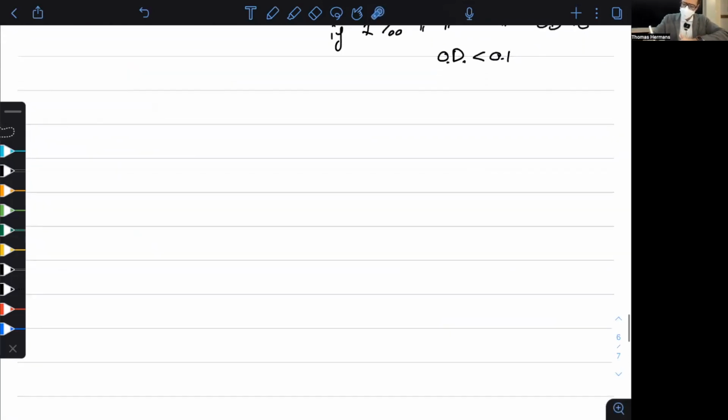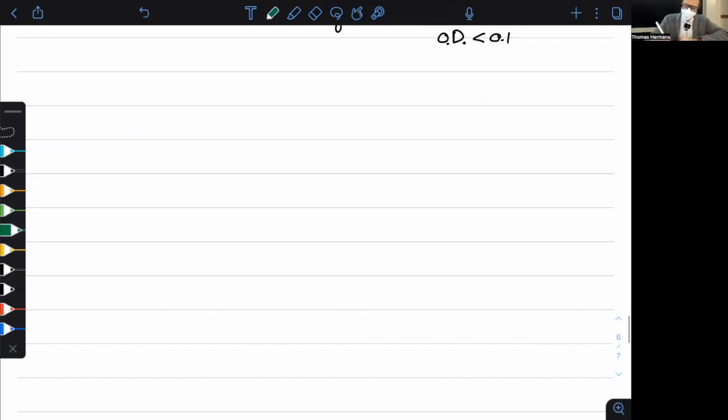Okay, in the last few minutes, so far we only looked at static things. We're going to look at fluorescence lifetime. Okay.